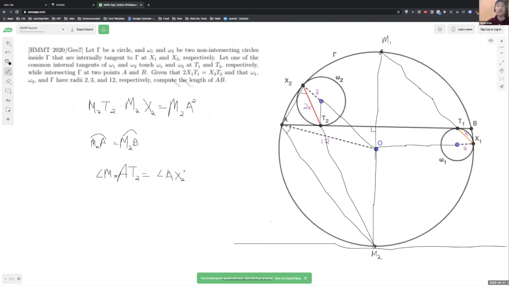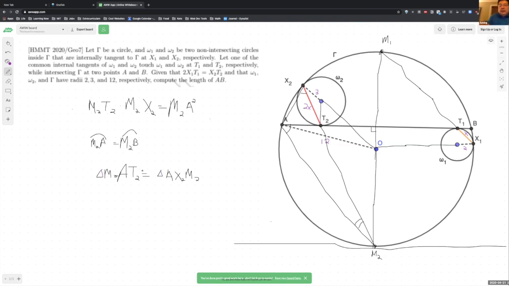Right? And in this case, we have these two angles equal. Also, the two triangles share this angle as well. So by similarity, these two triangles are similar. I'll just add an extra line in this equality.